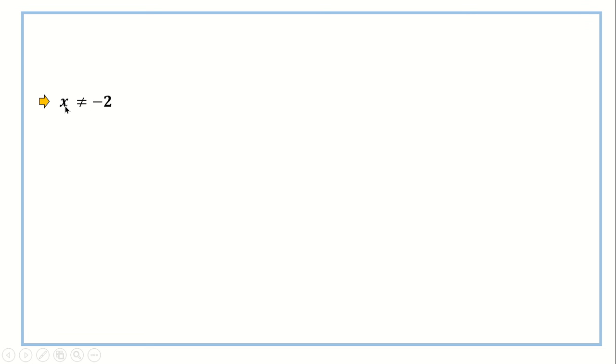Okay? We look at the final example. We have x is not equal to -2. This actually means that the solutions are all real numbers that are not equal to -2.